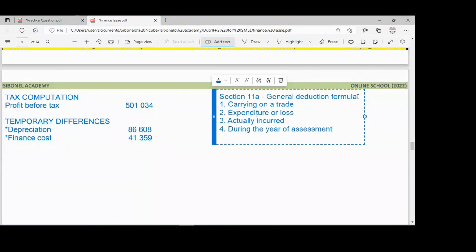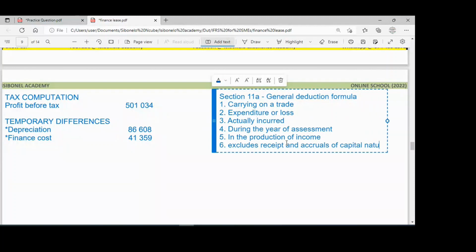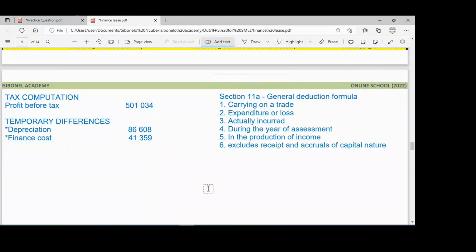Number 5, in the production of income. Number 6, exclude receipts and accruals of capital nature. So these are requirements emele abe satisfied ukuze kusarsi ezovumela ukuthi senze i-deduction.